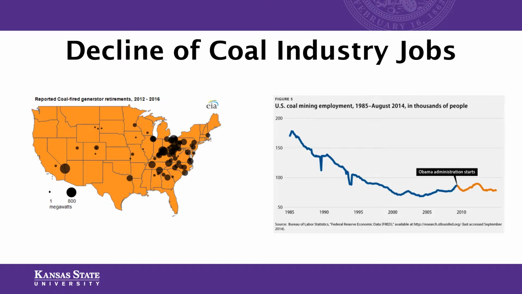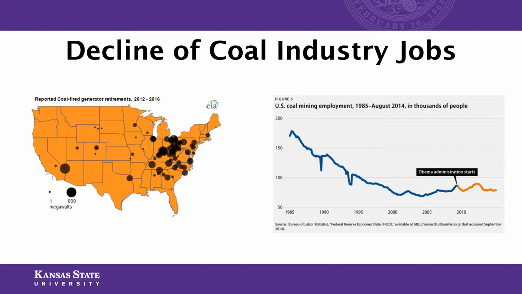So there are a number of things causing this. I think first and foremost is natural gas. It's becoming lower cost to use natural gas, and natural gas is increasing in demand.